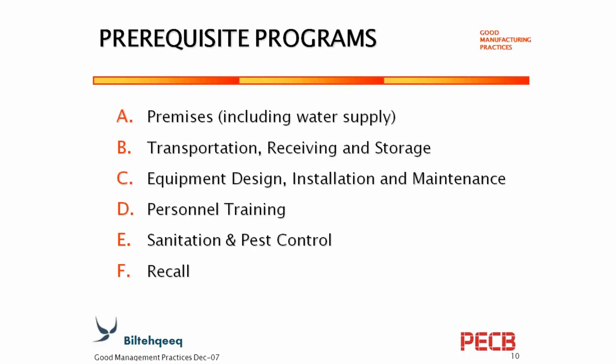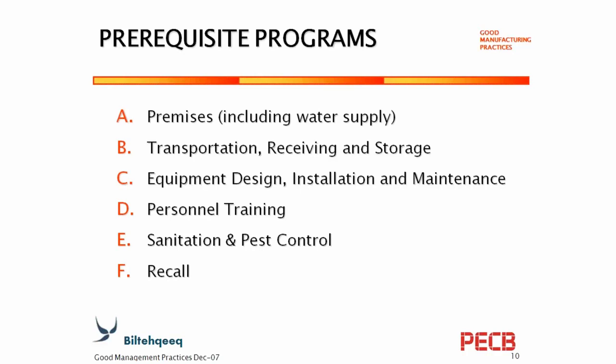So when you are purchasing or designing the equipment for your processing, you have to ensure that it should not be a cause of contamination or a cause of hazard. And you have to maintain your machine in a way that it should not disturb your food safety management system.